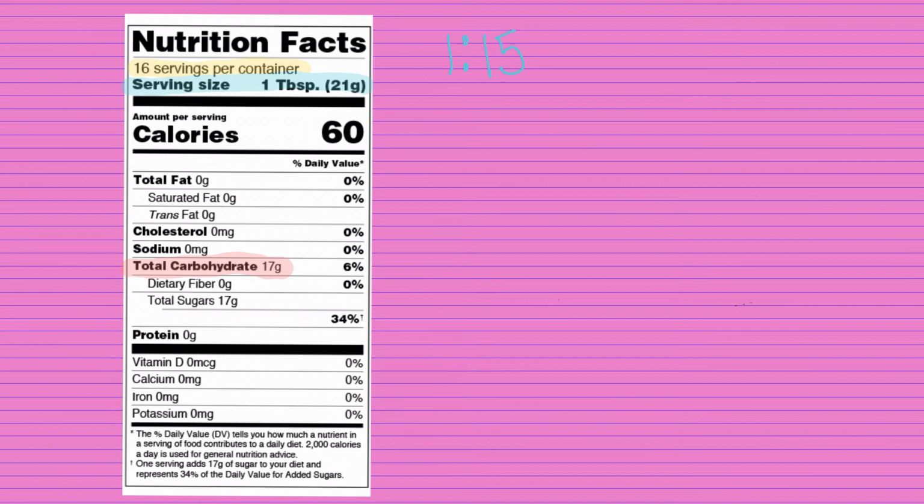So I'm going to go ahead and say that I actually want to have 2 tablespoons of whatever this is. Remember that our per serving is 17 grams and we want to have 2. So we're going to go ahead and take this 17 and multiply it by 2. 17 grams times 2 equals 34 total grams in what we plan on eating.